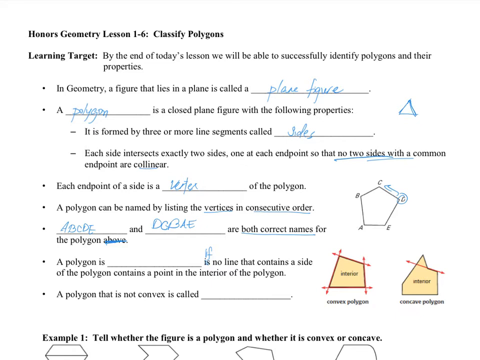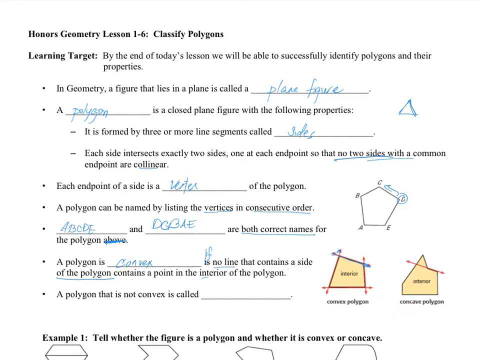A polygon is considered convex if no line, so let's say this line here, that contains a side of the polygon contains a point in the interior of the polygon.